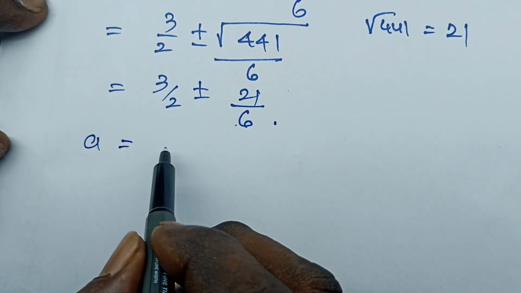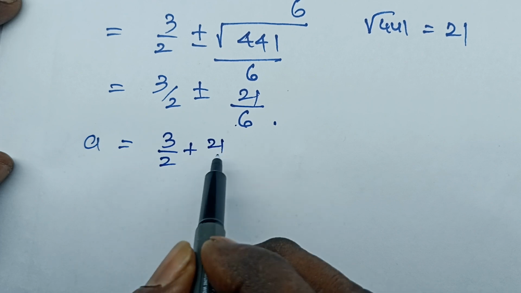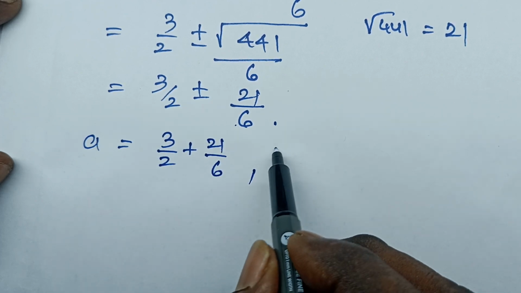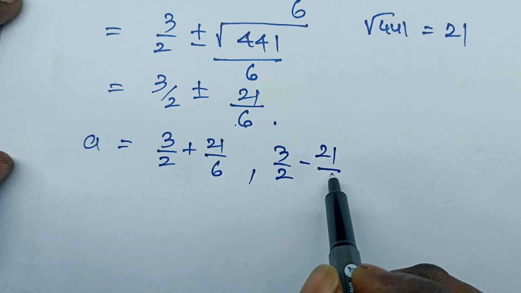a equal to 3 by 2 plus 21 by 6 and 3 by 2 minus 21 by 6.